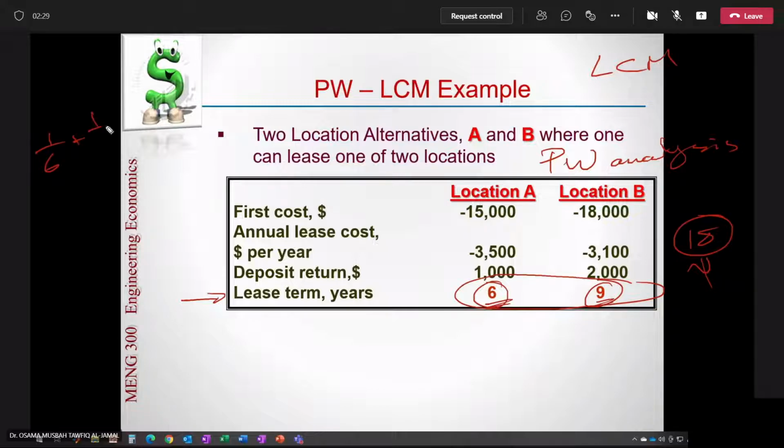1/6 plus 1/9. If we take it this way and multiply, I get 9 plus 6 over 54. Shall I use it directly? See if I can simplify it more.